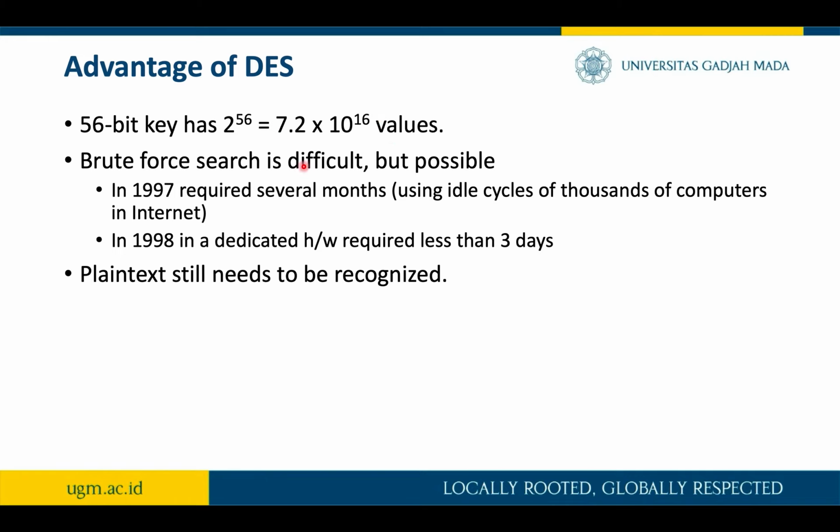So brute force was expected to be difficult. But in 1997, it was proven that it is possible to do brute force analysis on DES. It required several months, and in 1998, it required less than 3 days.